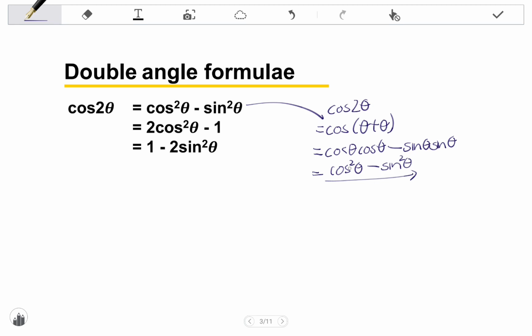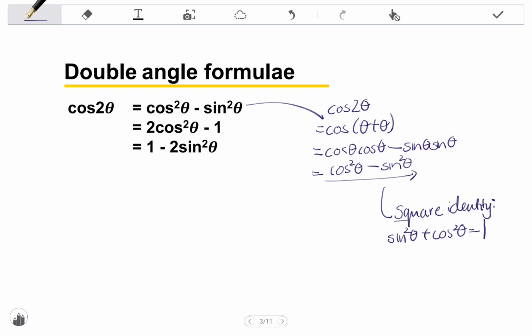Now if we substitute one of these from part of the square identity, we get the other 2 options. So let's quickly recap the square identity. I have sine theta squared plus cos theta all squared equals 1.